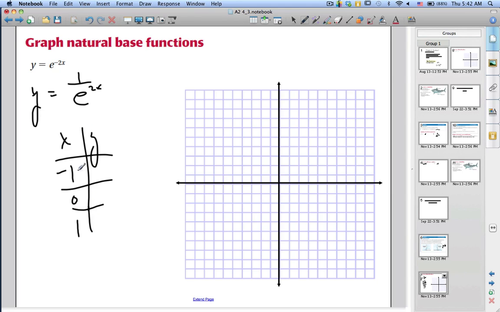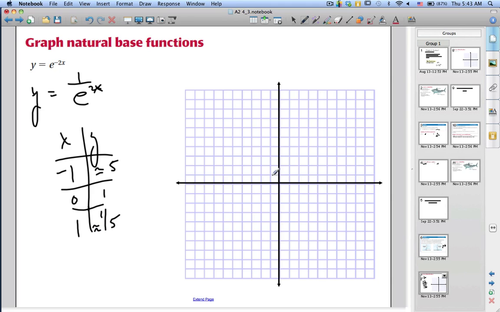If I have -1, that's going to be 1 over e to the negative 2x power, which is basically going to be e squared. That's going to be approximately 5. If I have 0, 2 times 0 is 0, 1 over 1 is going to be 1. And to the first power, it's going to be basically 1 over e squared. It's going to be about 1/5. About.